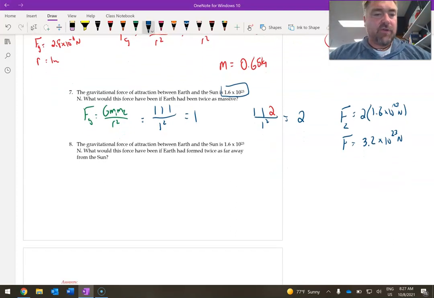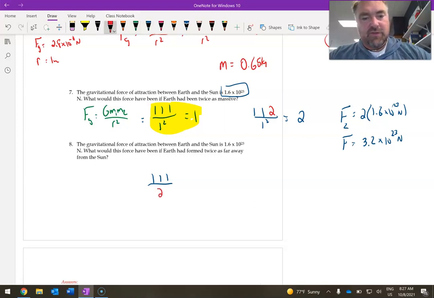And the last one, it's very similar. The force of attraction between the Earth and Sun is this. What will the force be if they are twice as far away? We're going to use the exact same thing. We keep big G the same, M1 the same, M2 the same, but now we're going to double the distance. So my distance is going to be 2. Don't forget to square it. When I do that, it's now going to be 1/4.